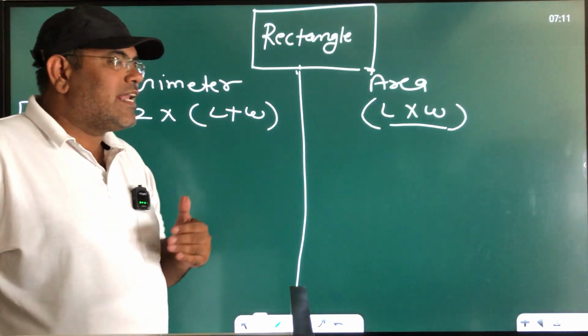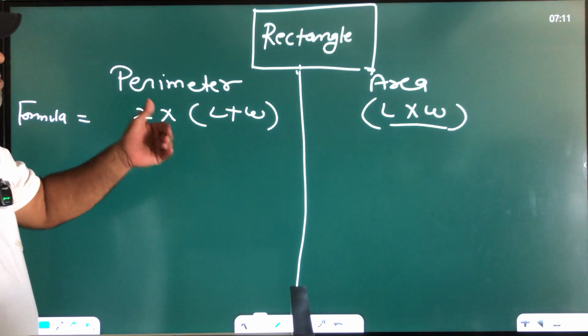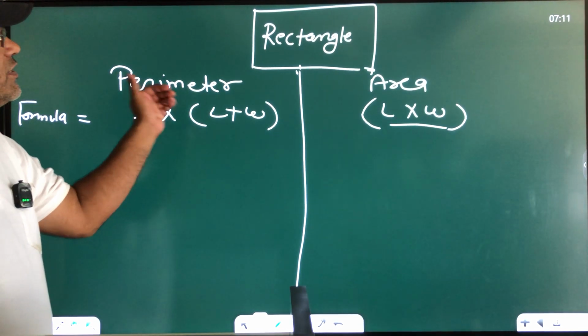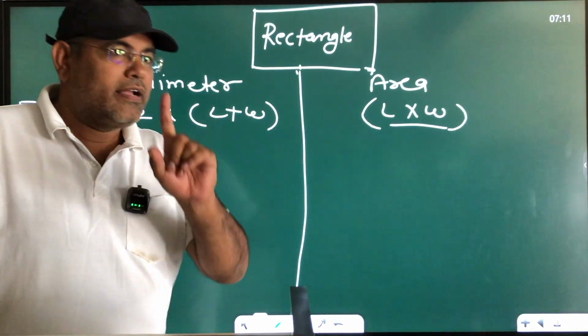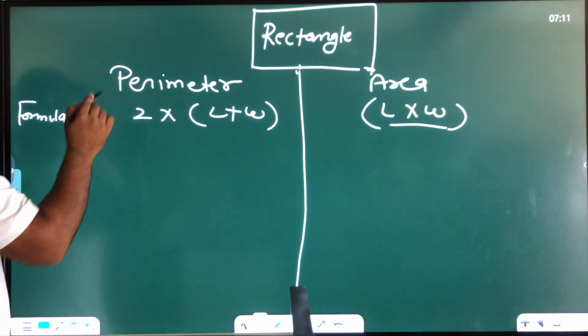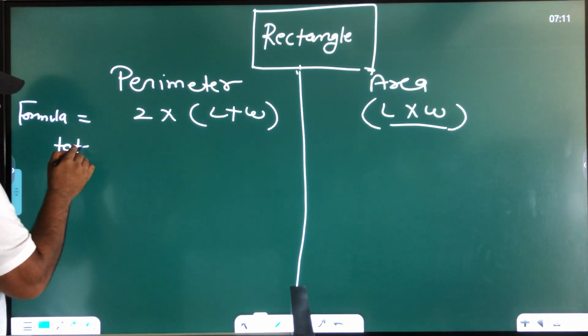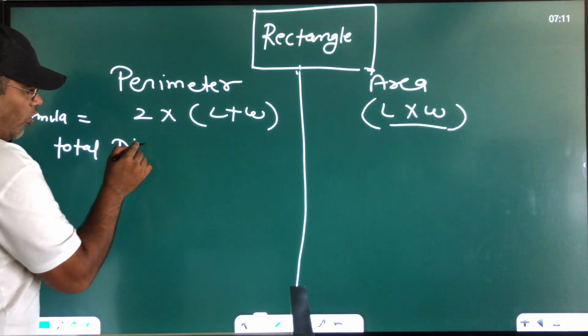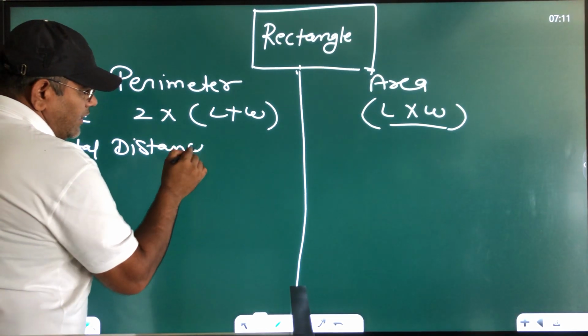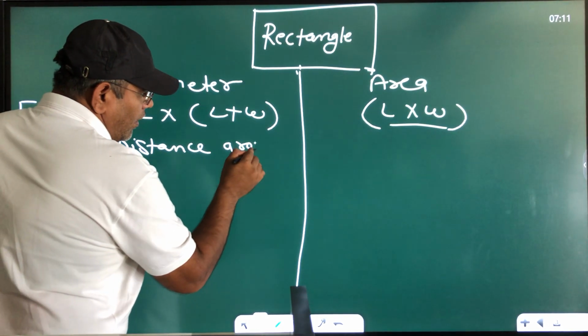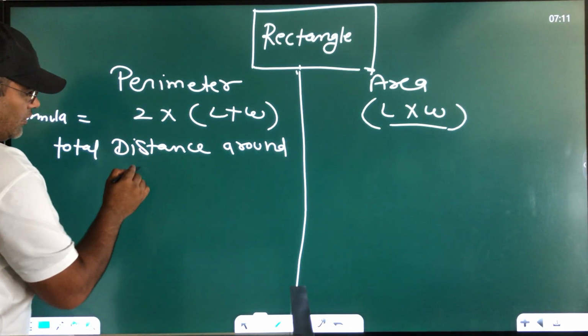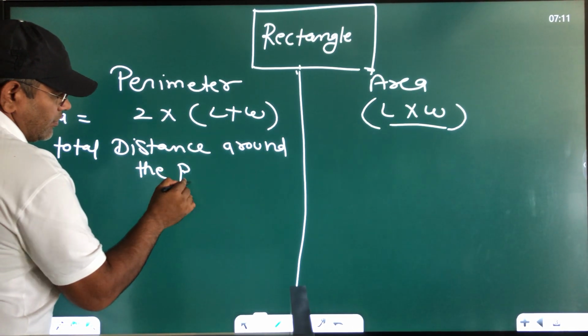But now the question is: what is the major difference between perimeter and area of rectangles? Guys, remember that perimeter means total distance around the rectangle.